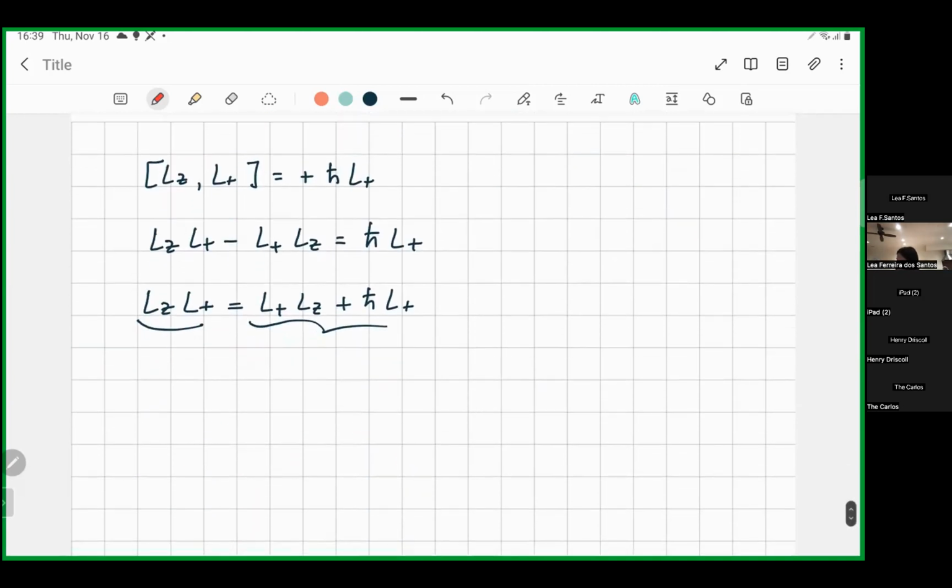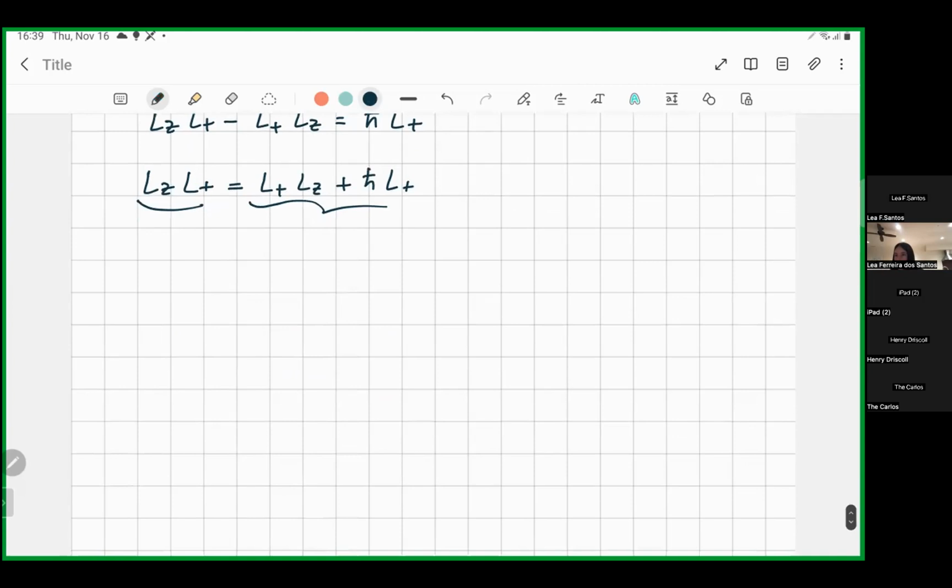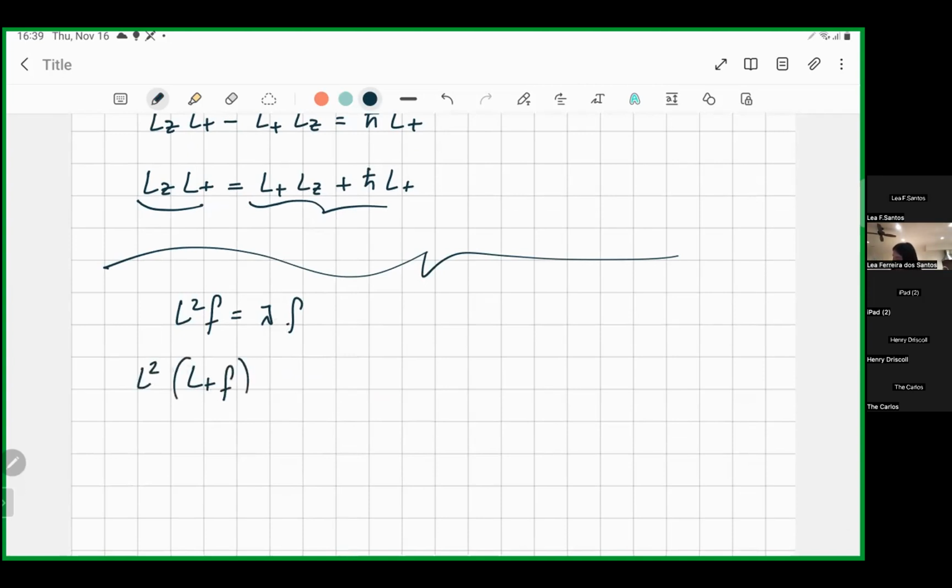So conclusion of this story, let me just summarize. If I have an eigenfunction of L square, then L plus f will also be an eigenfunction with the same eigenvalue.